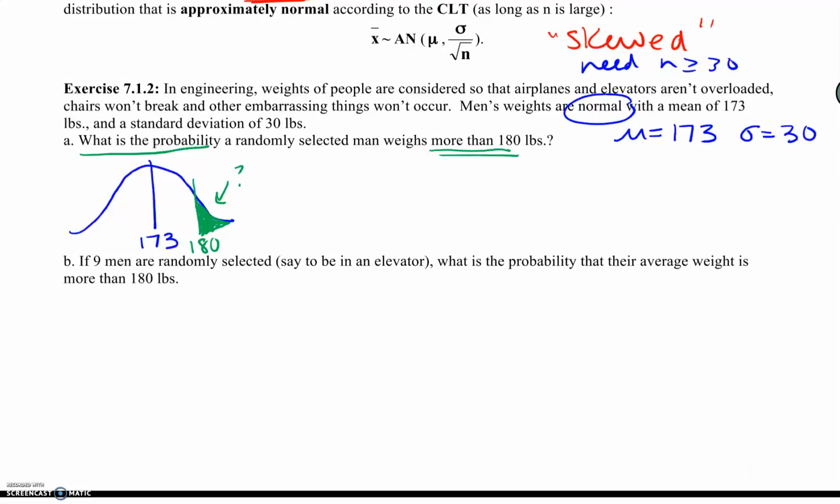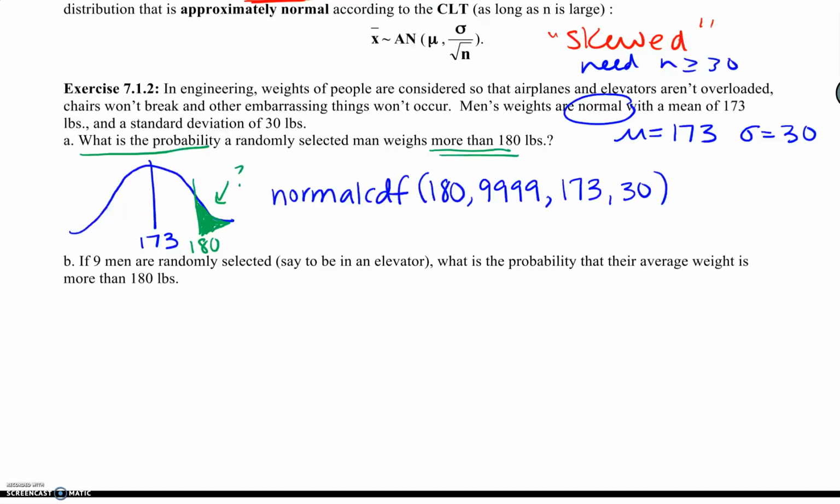So this question, if we want to find this probability, normal CDF, our lower bound, a ton of nines, say we go off forever, our mean, and our standard deviation. So we just go ahead and calculate that. And this is when I wish I had gotten a calculator out before I started this whole process.